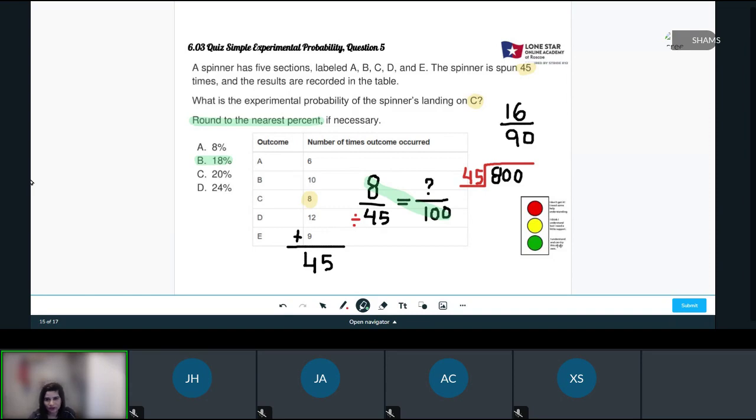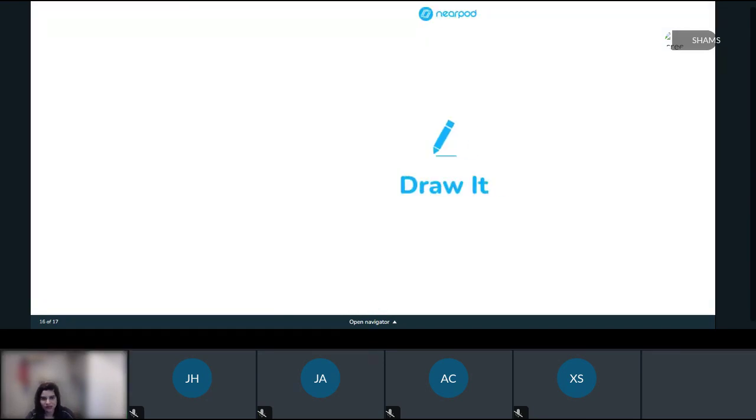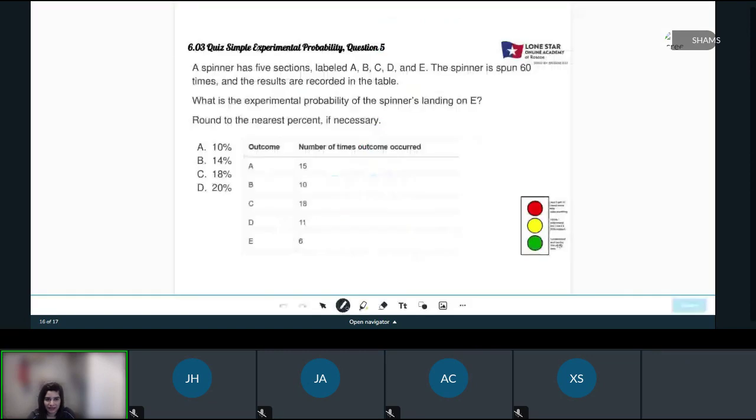Let's move on to the second variety of question 5, and it is going to be very similar. And here again, very same question. Say a spinner has 5 sections labeled A, B, C, D, E. The spinner is spun 60 times.